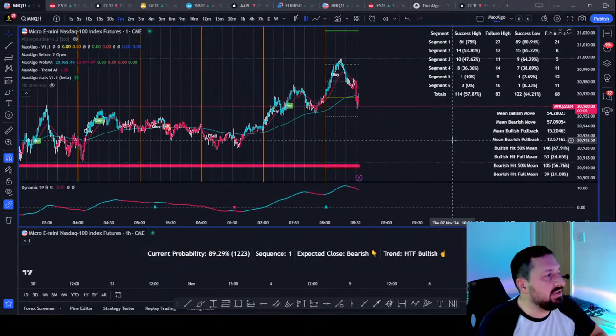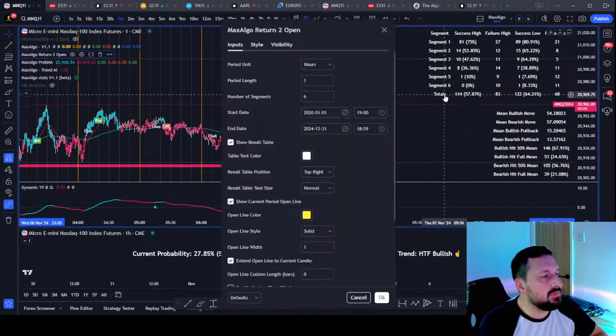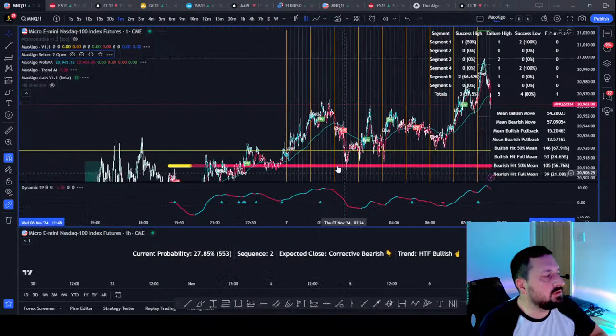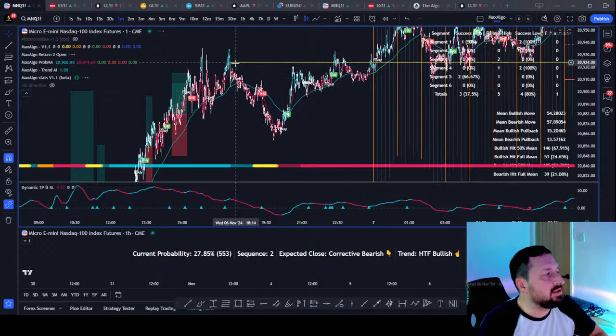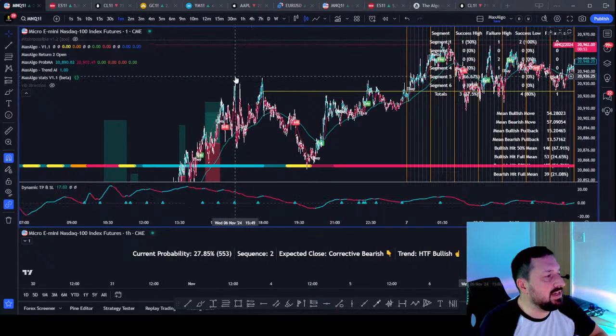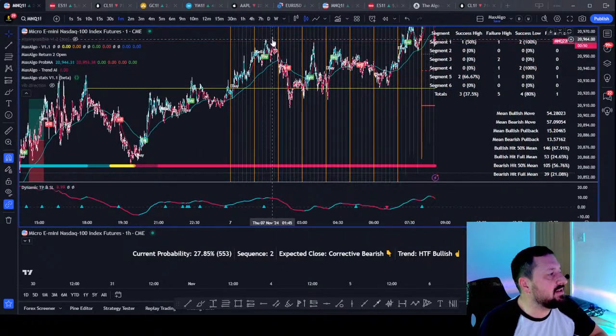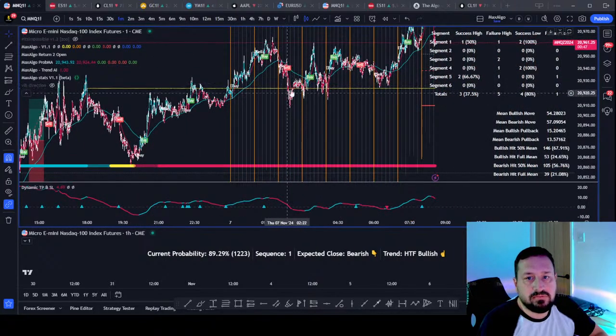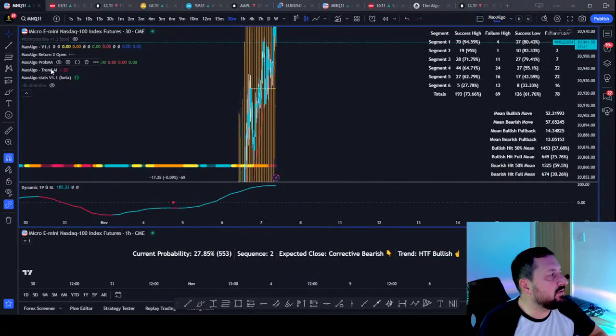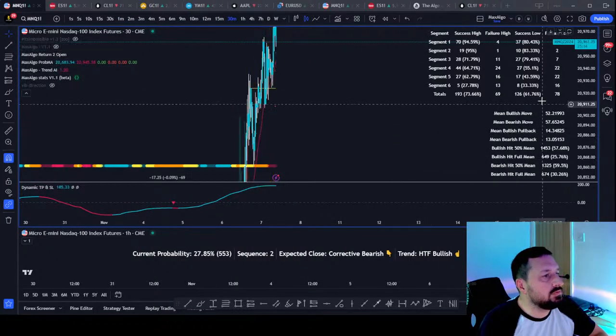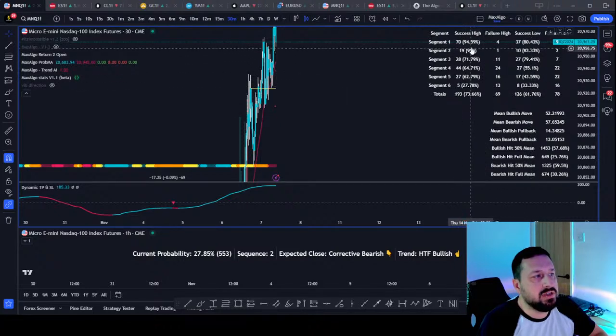So let's have a look at the daily, and let's look at our return to open on the daily, right? Okay, so there's our daily open. Here's our previous day high. So we've already taken the high and returned to the open, right? So from a daily perspective, we've ticked that box. If I go up to the 30-minute time frame, you can see now we've got 193.